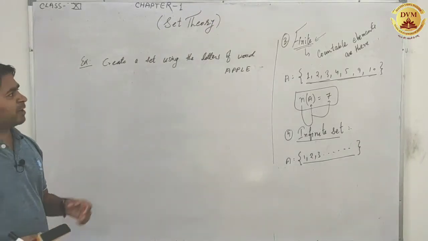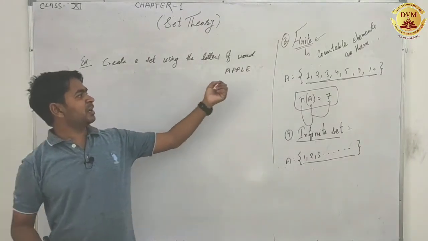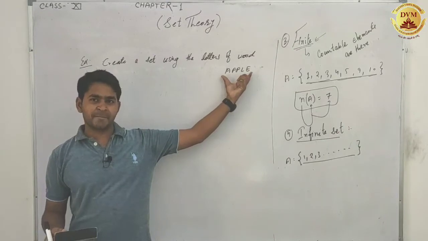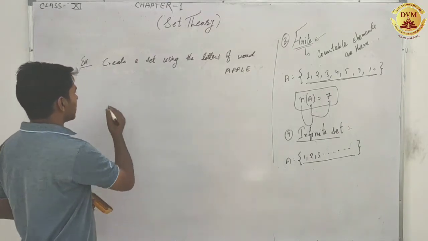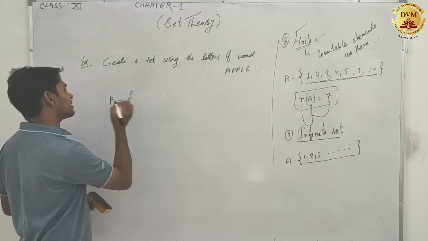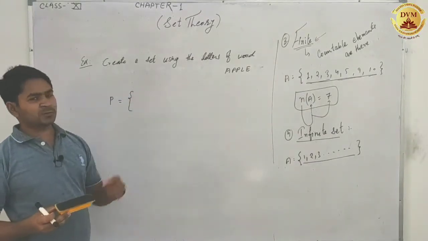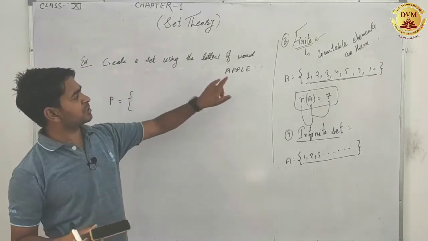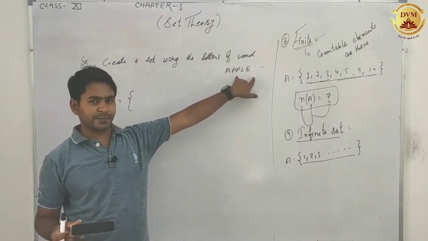We have to create a set using these letters. Suppose the name of the set is P, and now we are creating a set using this word. Then we have to use the letters of this word.